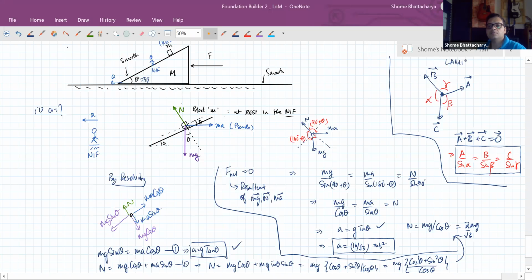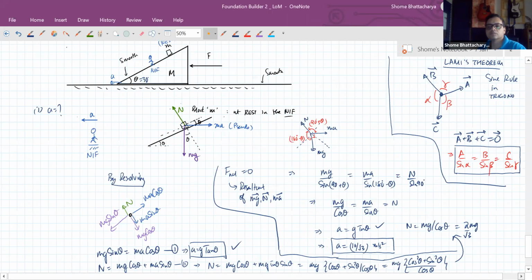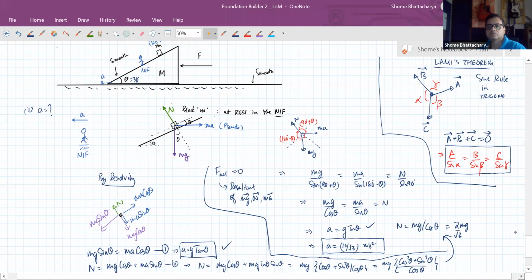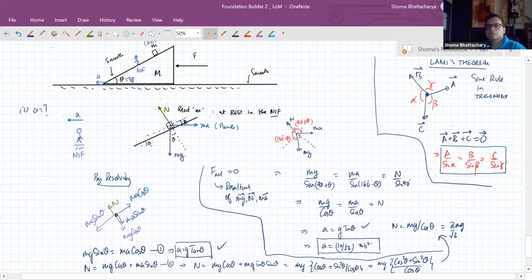This is called Lami's theorem, which is the same thing as the sine rule in trigonometry. You can just remember the statement of this and see how you applied this here.